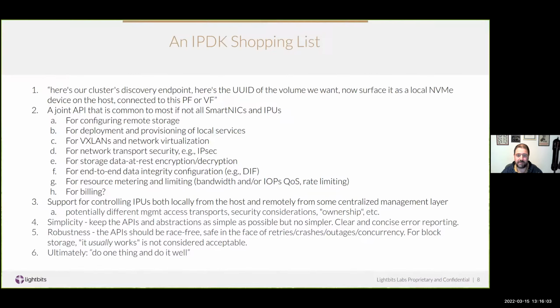And we'd like that API, or set of APIs, first of all, to configure access to remote storage. This is our bread and butter. But we'd also like to use it for deployment and provisioning of local services on the IPUs, for setting up VXLANs and network virtualization.